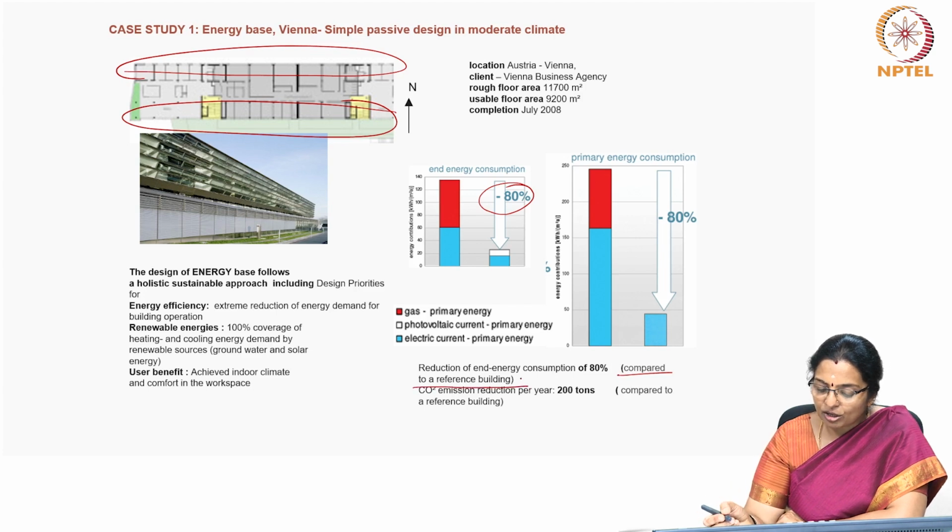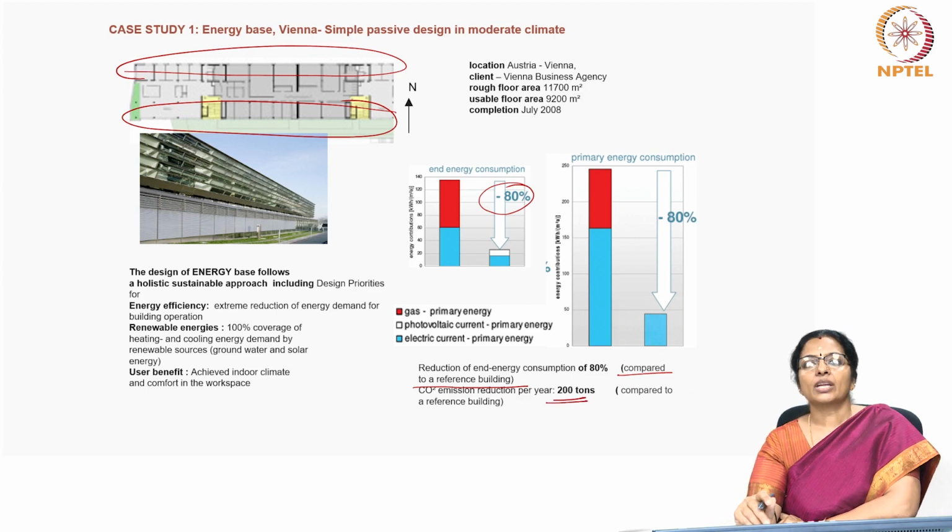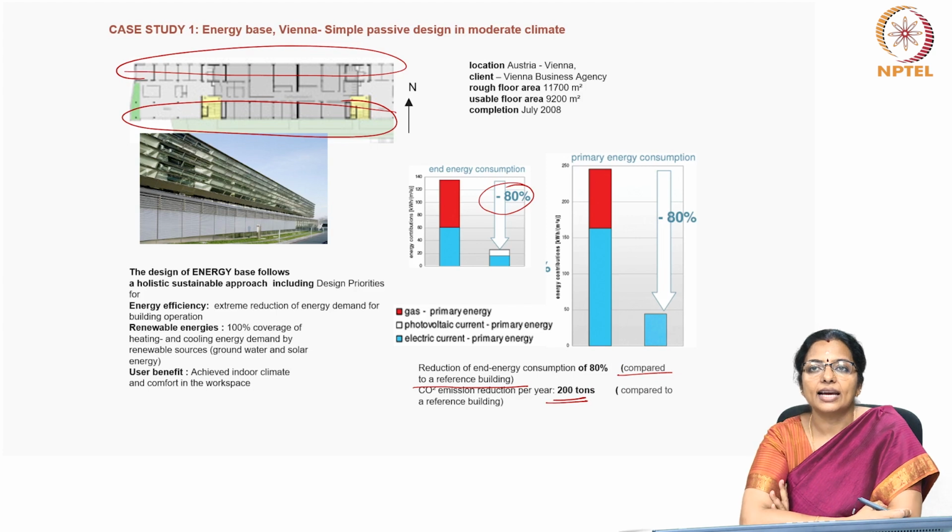The carbon dioxide emission reduction per year is 200 tons as compared to a reference building. In this building, extreme reduction of energy demand for building operation has been demonstrated.